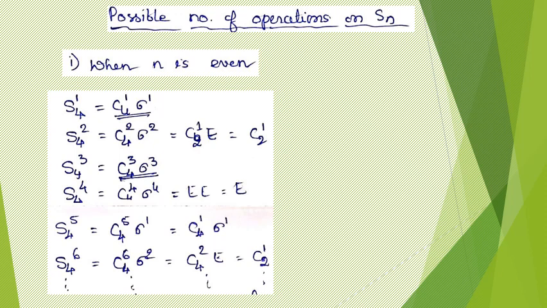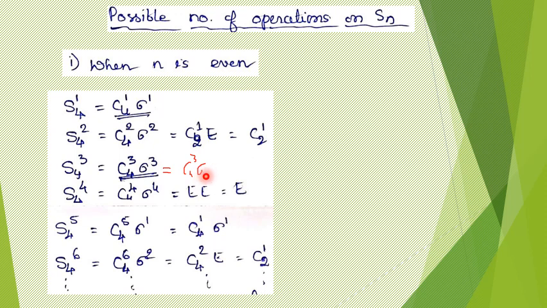So this will be just C43 as I have written, and sigma cube just represents sigma itself. It's because if the sigma operation is repeated an odd number of times, it leaves sigma itself. So therefore, the simplification of this S43 can be said as C43 into sigma. So let this be aside.